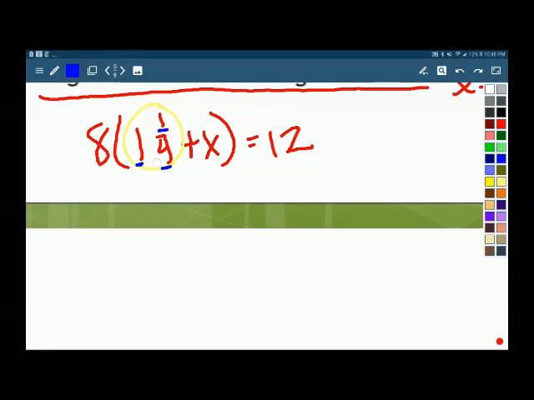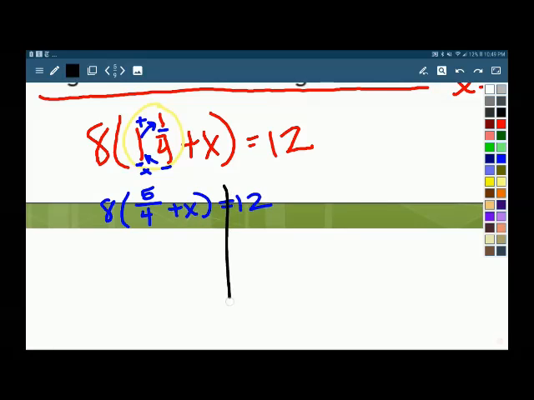Then we just keep the denominator. So really, we are solving the equation 8 times the quantity 4 times 1 is 4, plus 1 is 5, keep the denominator. So 8 times 5/4 plus x is equal to 12.